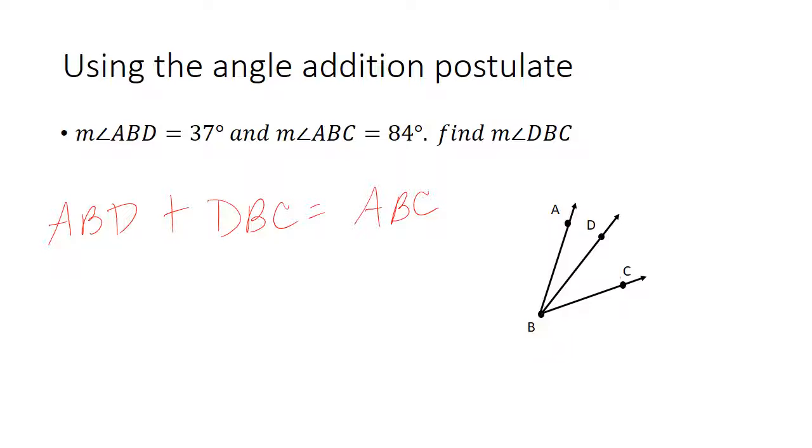Now we know ABD, which is 37. We don't know DBC, but we know ABC is 84. So to get my angle DBC alone, I'm going to subtract 37 degrees from this side.